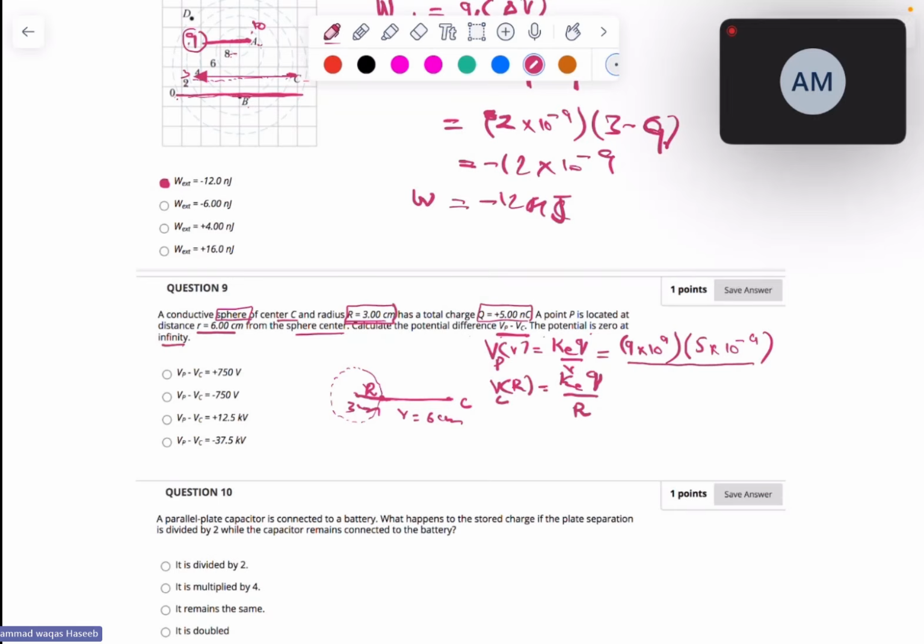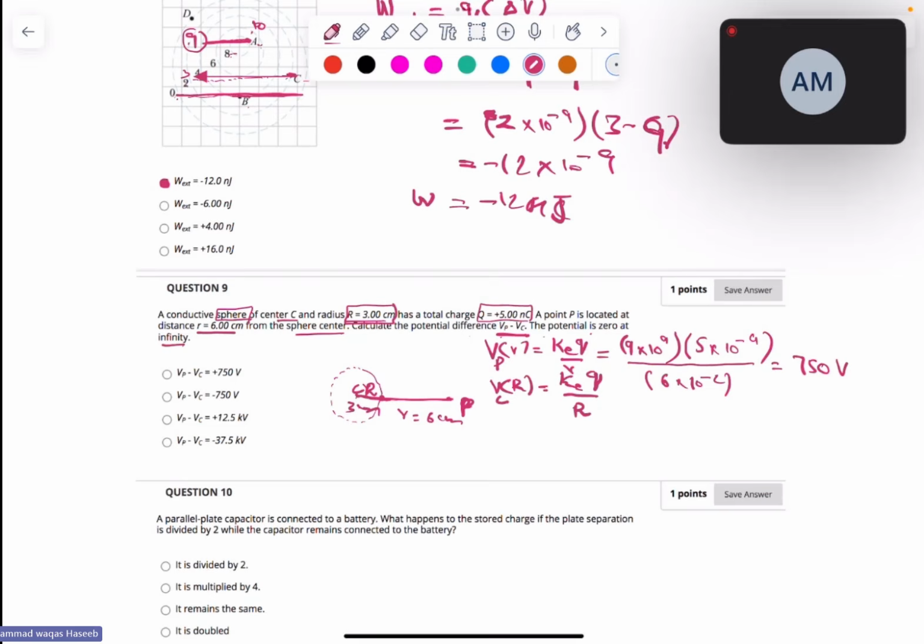This is the center and this is the point P. The distance from center to point P is 6 centimeter, which can be written like this. So you calculate the potential at point P is 750 volt.